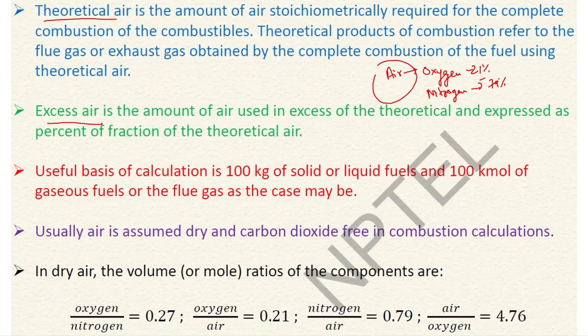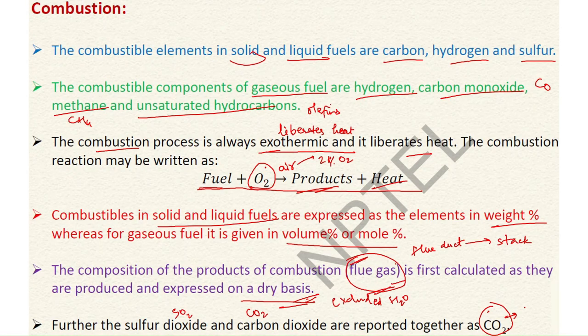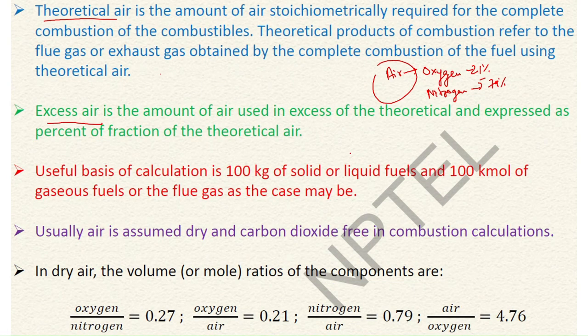So what is theoretical air? Theoretical air is the amount of air if we introduce the air according to the stoichiometry. Suppose we write a combustion equation as fuel plus air gives product plus heat.